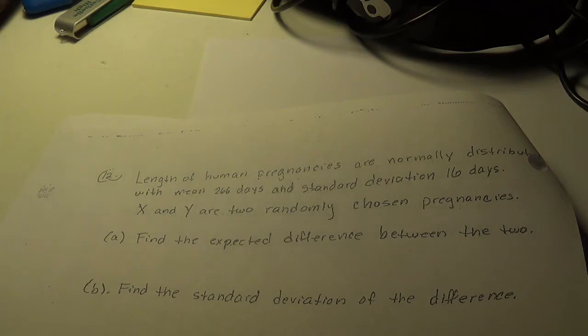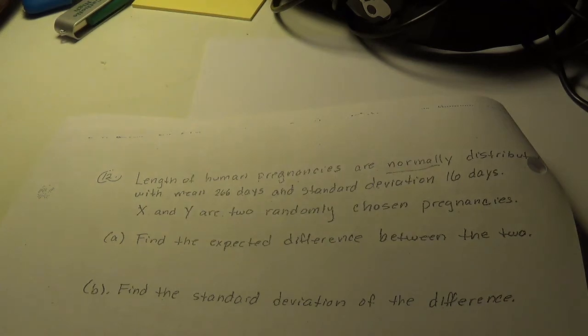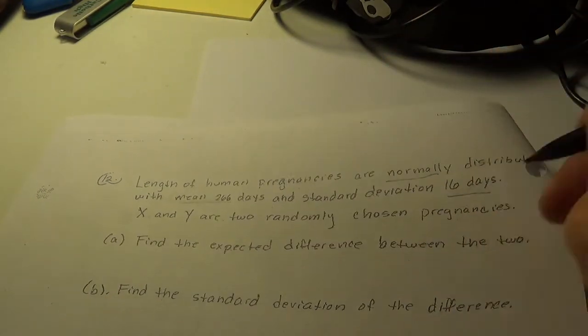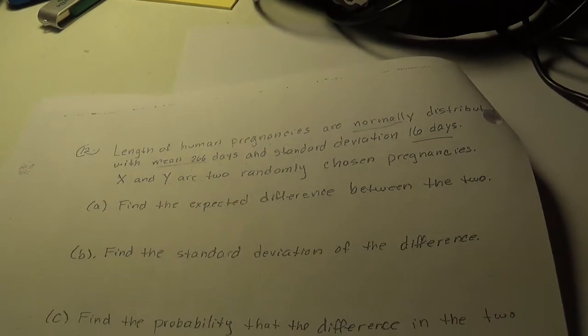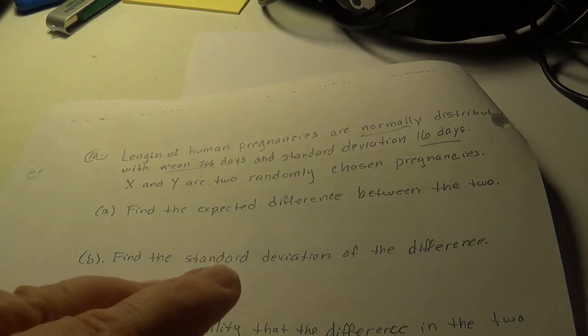The length of human pregnancies are normally distributed, so we don't have to test for it or anything. It's just given to us. Here's the mean of a human pregnancy, and here's the standard deviation. And X and Y are two randomly chosen pregnancies. So we just got two pregnancies going. Find the expected difference between the two.